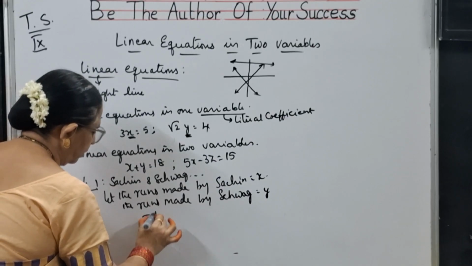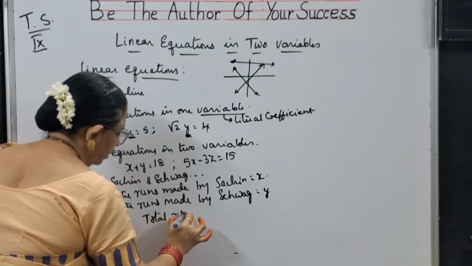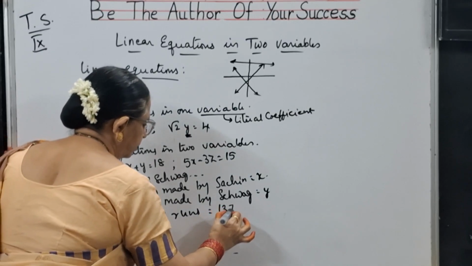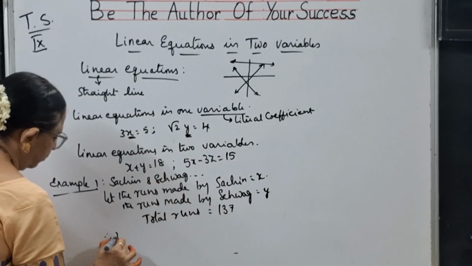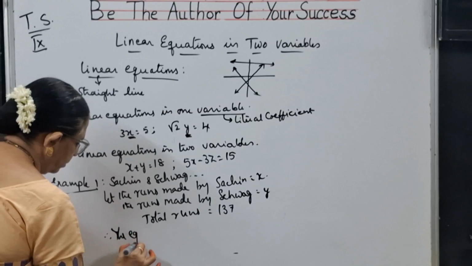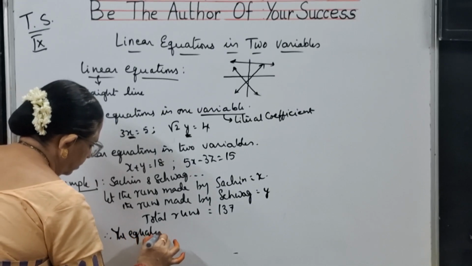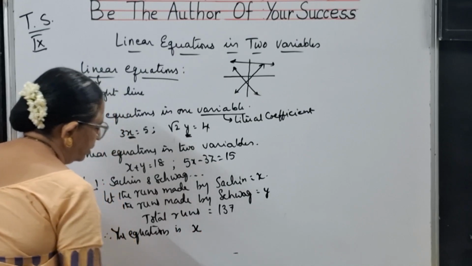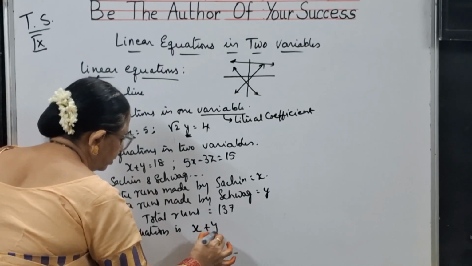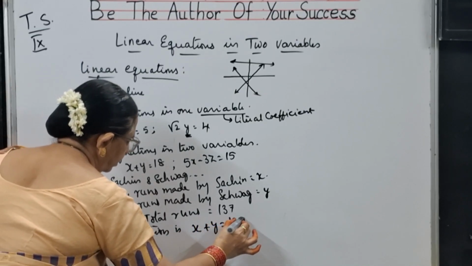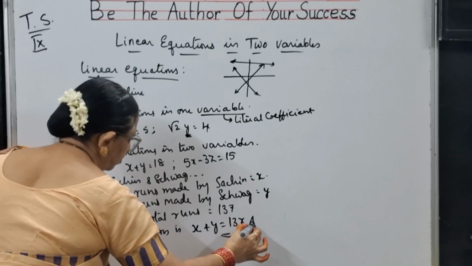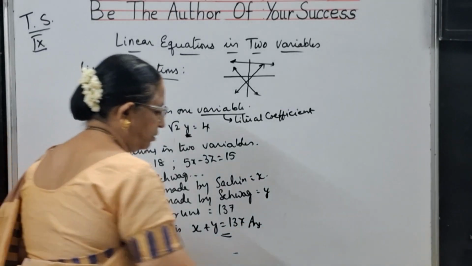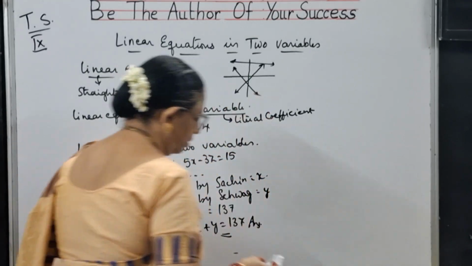Total runs, what have they given? How much have they given in the problem? 137. Therefore, what is the equation? The equation is Sachin's runs plus Sehwag's runs is 137, that is x + y = 137. This is the answer for this example 1, children. Please note it down.